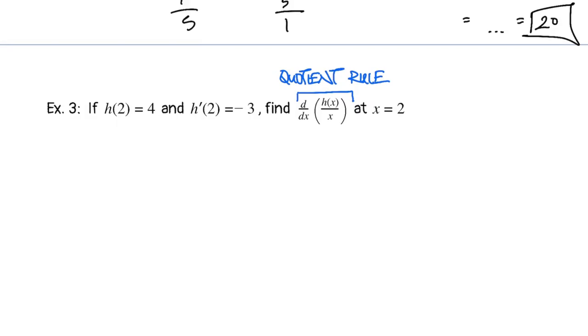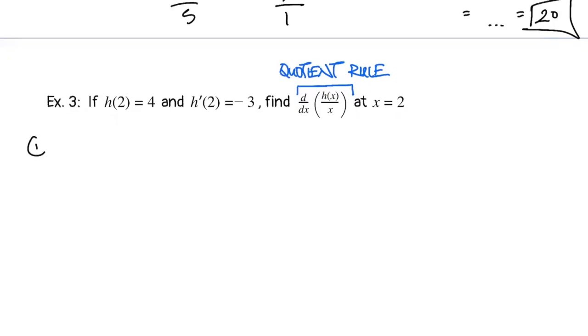Since we're going to use the quotient rule, let's follow the same process we've been doing. We're going to set things up, and then plug things into the formula. If we wanted to think about our u and our v in this case, what would they be for this particular function?